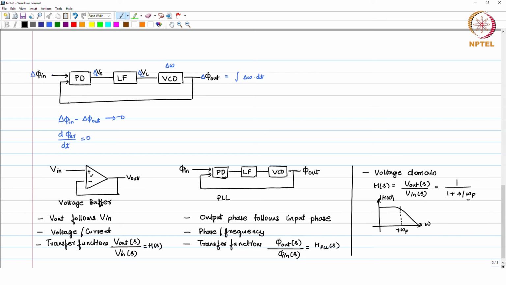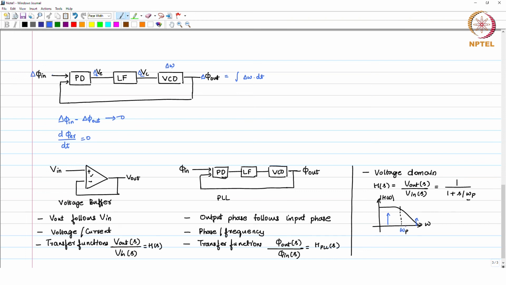So, when you have this transfer function with respect to input voltage and output voltage, what does it mean? It means that if my input signal is within the signal bandwidth of omega p, it will pass through. If I have a signal outside the signal bandwidth omega p, it will actually get rejected.